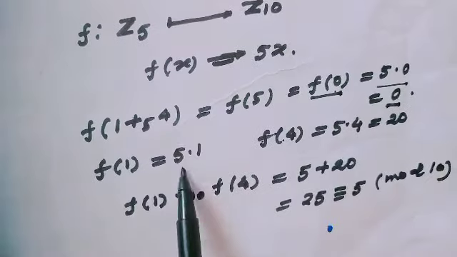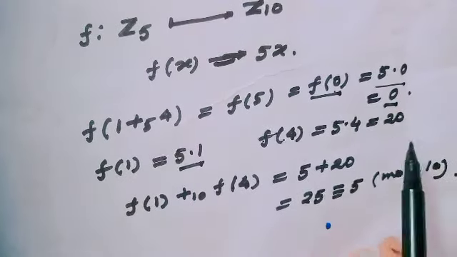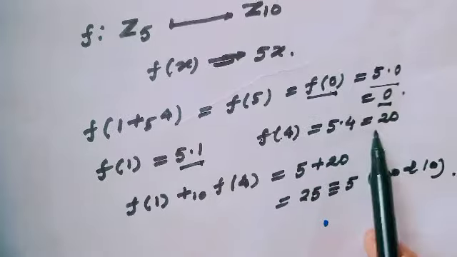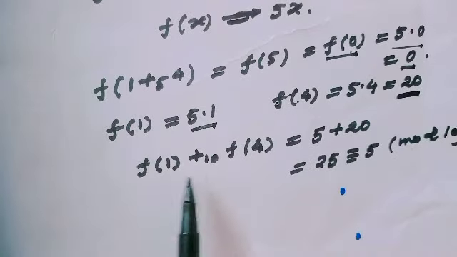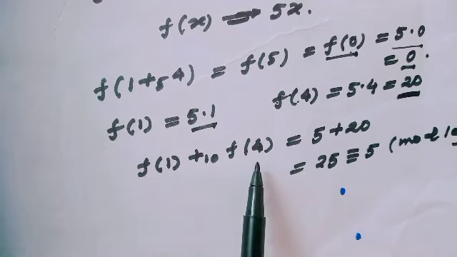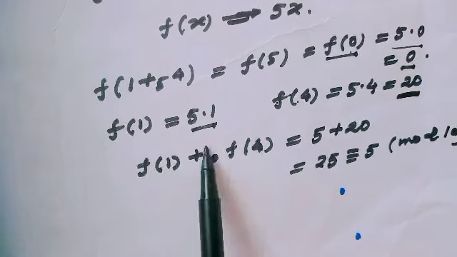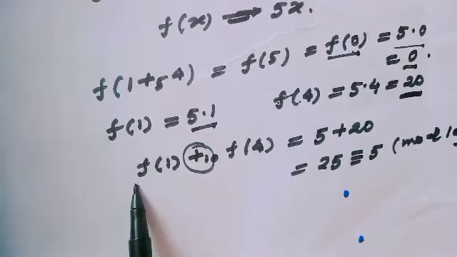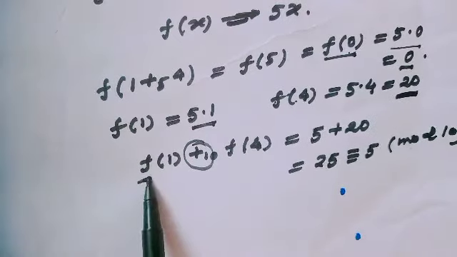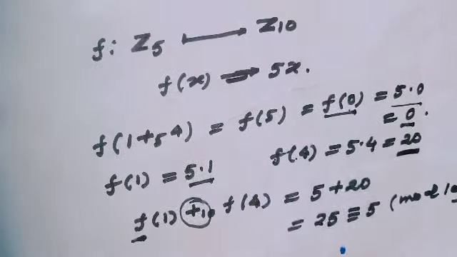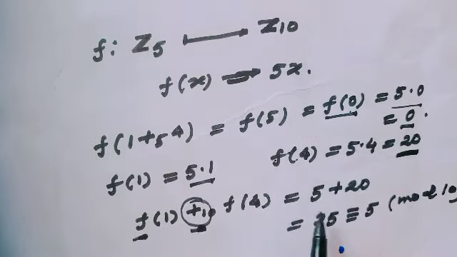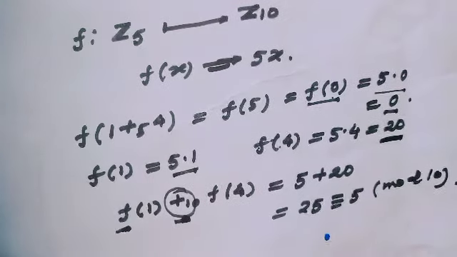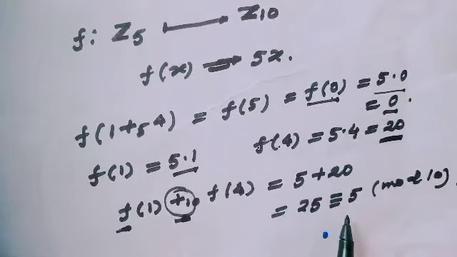And f of 1 equals 5 times 1, and f of 4 equals 20. Then f of 1 plus f of 4, here this plus is in the codomain, that means this is addition modulo 10, and this is equal to 5 plus 20, which is equal to 25, and in mod 10 this is congruent to 5.